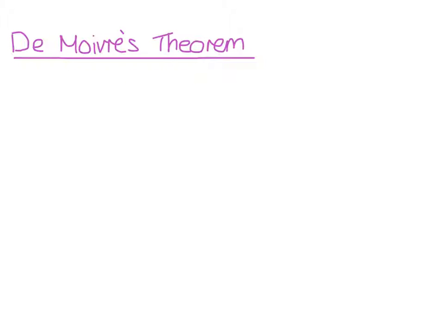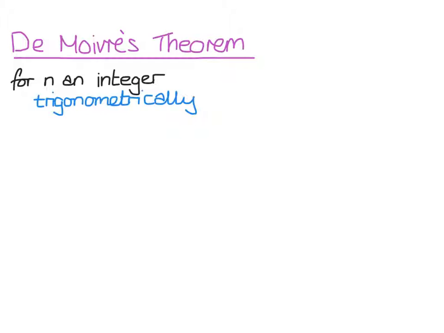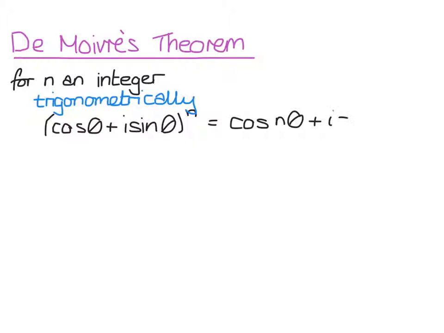Moving on to have a look at an overview of the basics of de Moivre's theorem. For n in the integers, trigonometrically, it states that (cos theta plus i sine theta) all to the power of n equals cos n theta plus i times sine n theta.